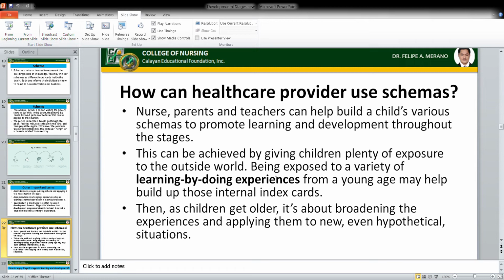So it means that we as healthcare providers must allow our patients to learn by doing their experiences. That's why in nursing, it's necessary to perform return demonstration because during return demonstration, the student nurse will be able to identify their mistakes when doing it, what is being neglected, what is lacking in the performance of return demonstration.